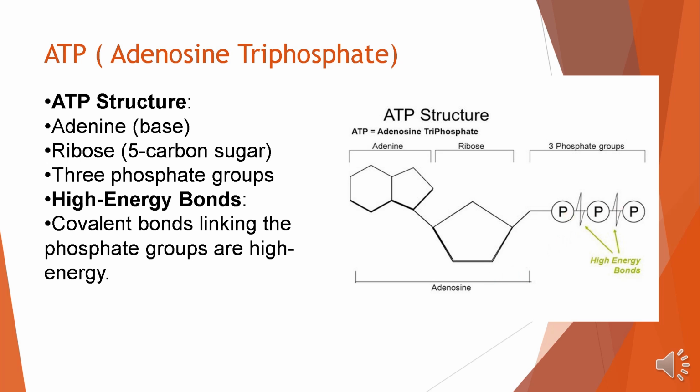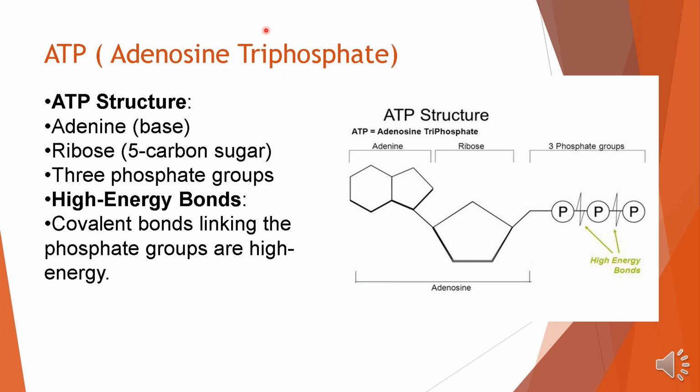Three phosphate groups are attached to the adenosine. If there is only one phosphate, it is termed adenosine monophosphate, and when two phosphate groups are attached, it is termed adenosine diphosphate. When three phosphate groups are attached to the adenosine, we call it adenosine triphosphate.